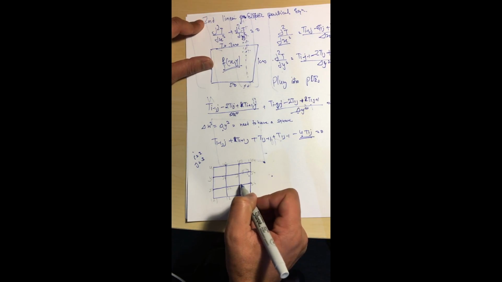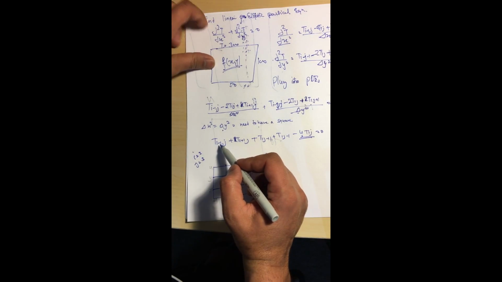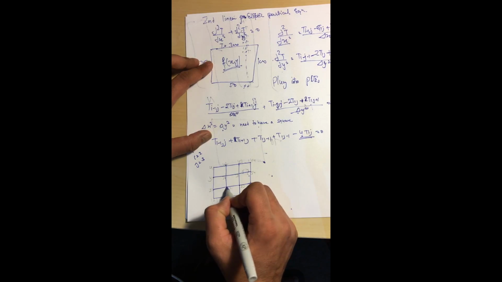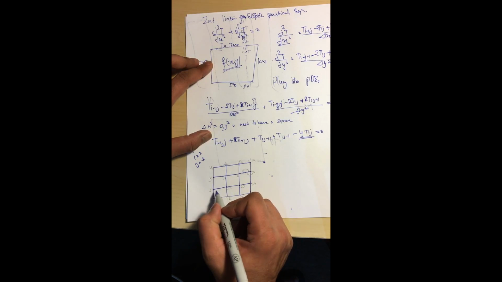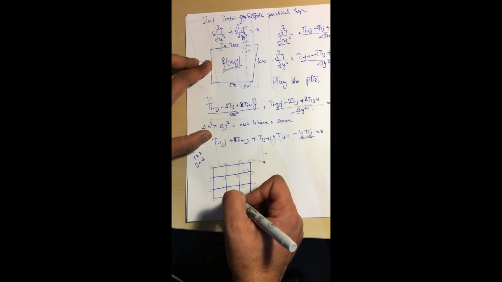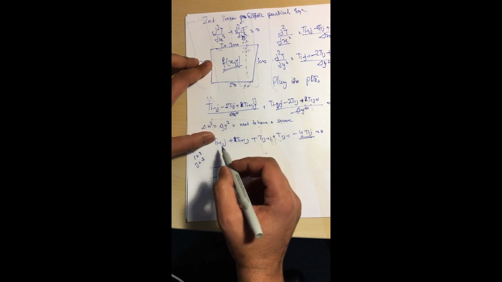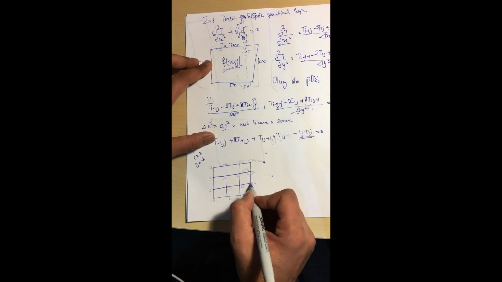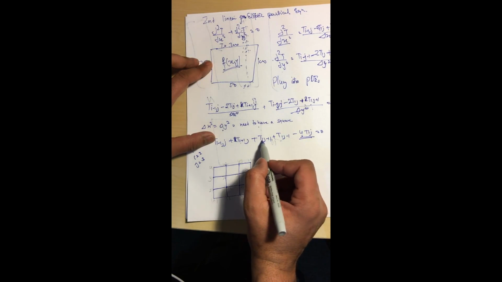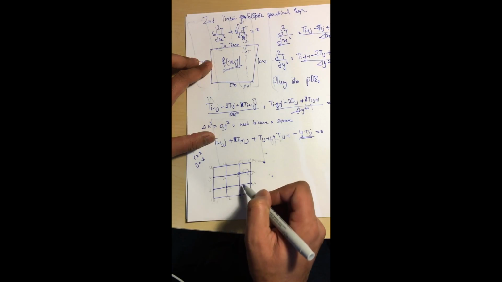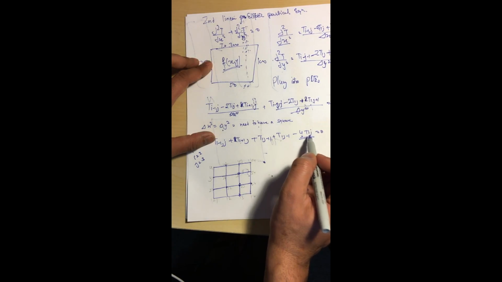Our T(i-1,j) will be this point, because we are moving along the x direction and taking 1 minus in the x direction. This temperature will be at this point and this one at this point. These are our changes in the y direction. This temperature will be at this point and this is our actual function.